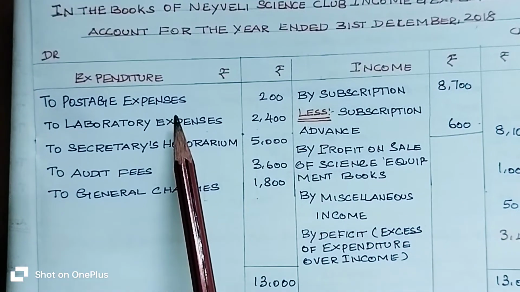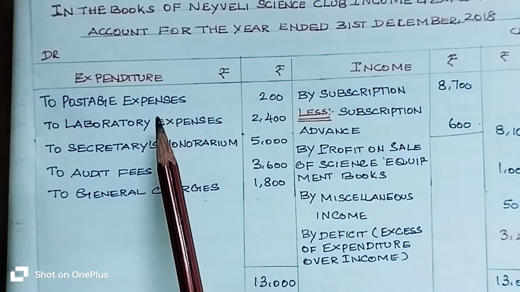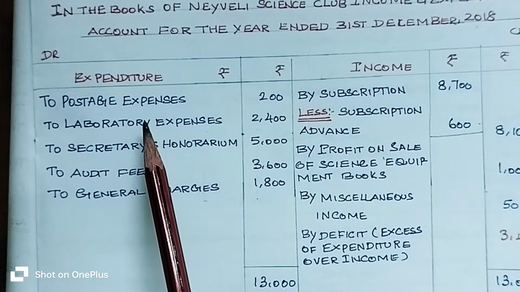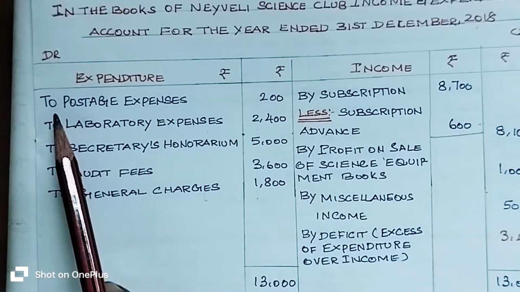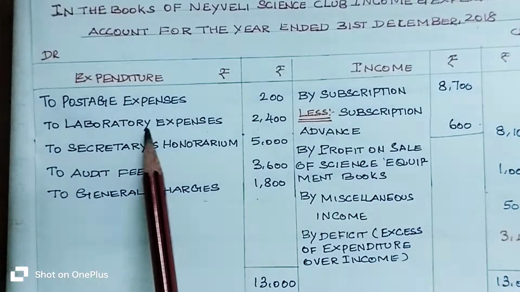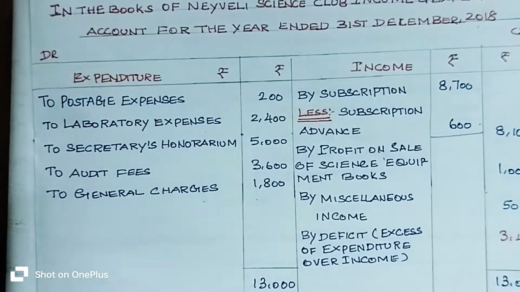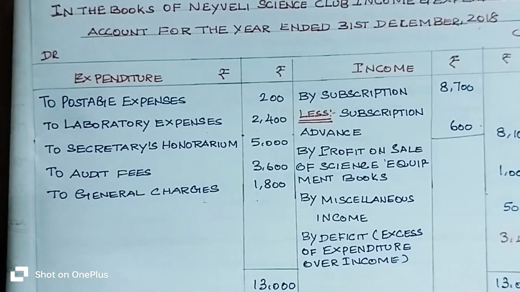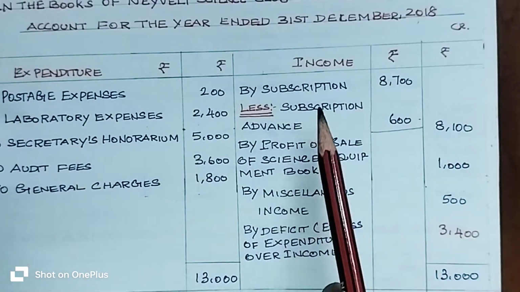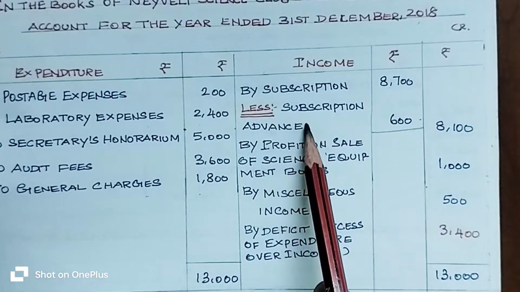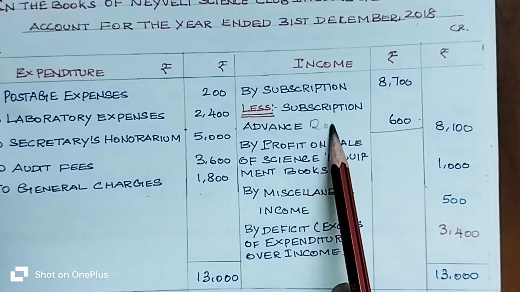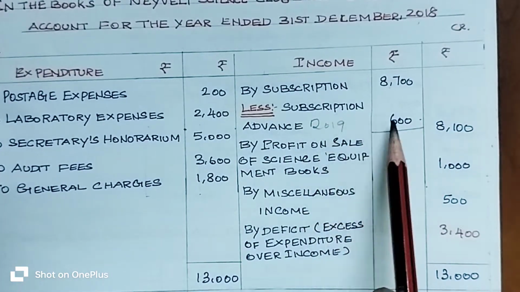We already marked which items will appear on the expenditure side in the question. As per the format, on the expenditure side we write postage expenses, laboratory expenses, secretary honorarium, audit fees, general charges. And on the income side, by subscription 8,700, and subscription in advance, that is 2019 subscription, included 600 rupees.